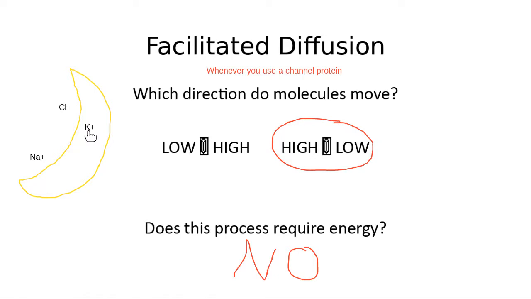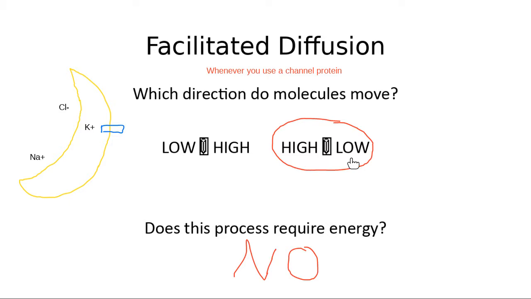Hey, so check this out. Let's say I make a channel protein whose job in life is to do facilitated diffusion for potassium. So here, I'm going to draw myself a little channel protein for potassium. This channel protein is going to help me do facilitated diffusion. You all told me if I do facilitated diffusion, I take things from where there's a lot to where there's a little.